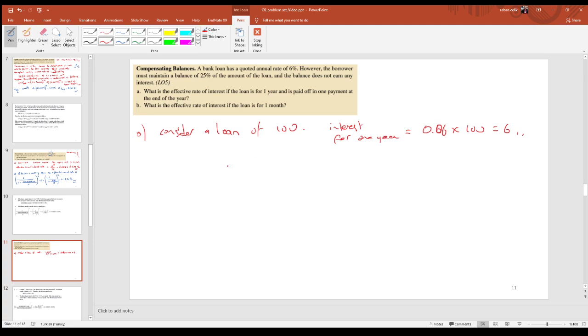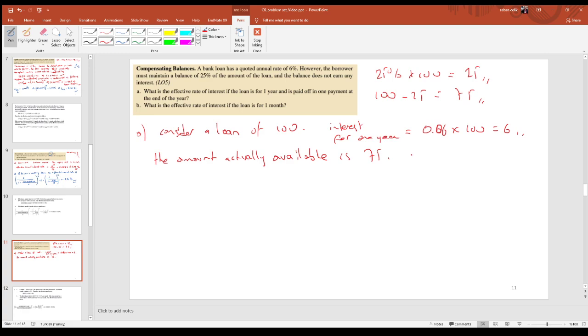So the amount actually available is 75. Why 75? It is because 25% of the quoted loan will be allocated by the bank. So 100 minus 25 compensating balance will be equal to 75.